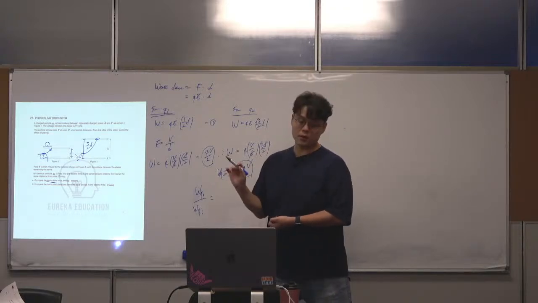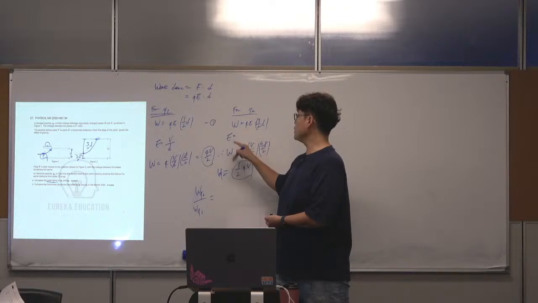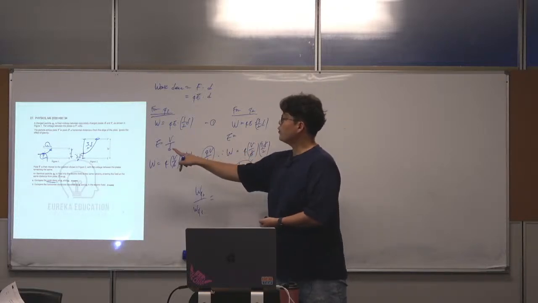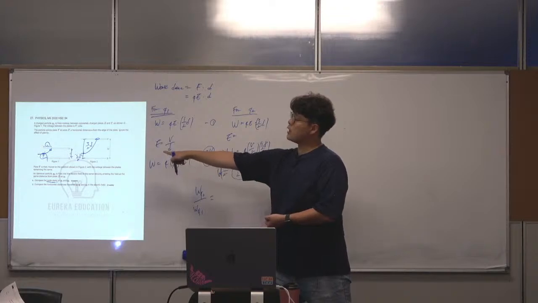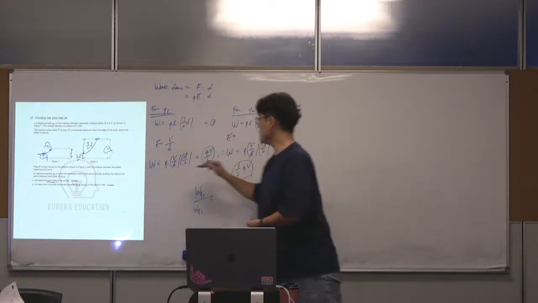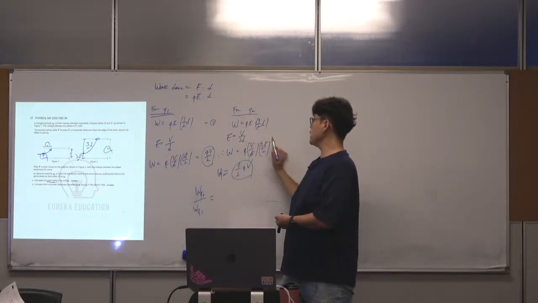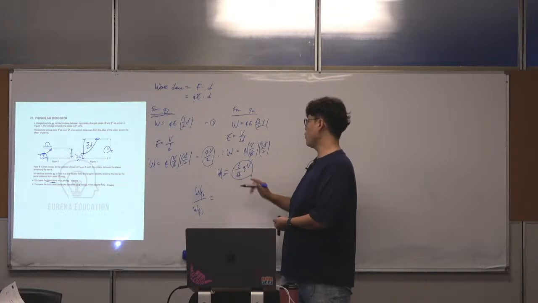Am I missing something? Oh, crap. Sorry guys, it's a busy morning. For Q2, because it's entering the electric field at 2D, we have to rearrange that. So the 2D is making the 4 like this.